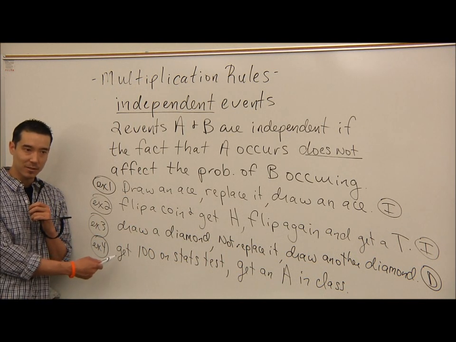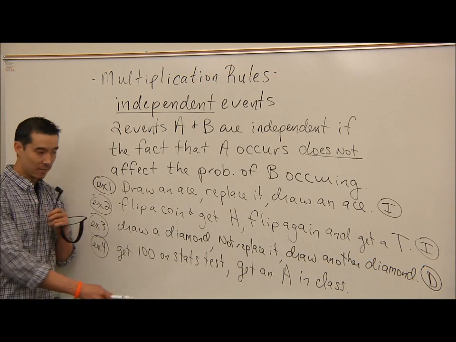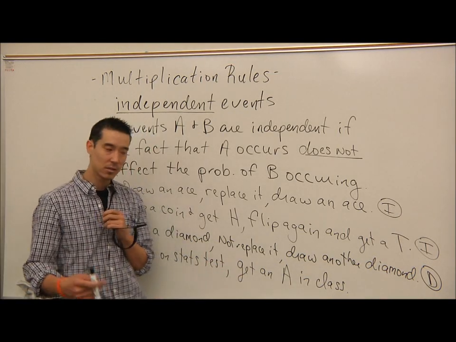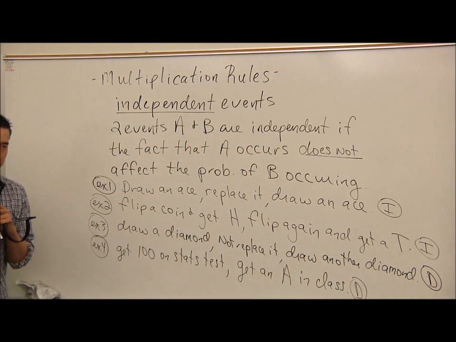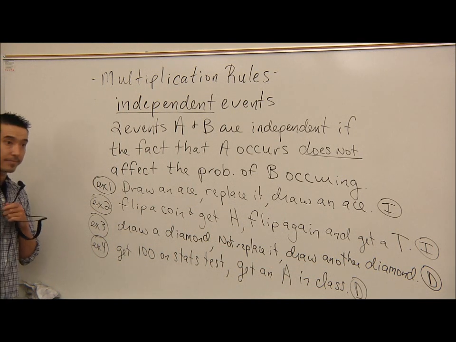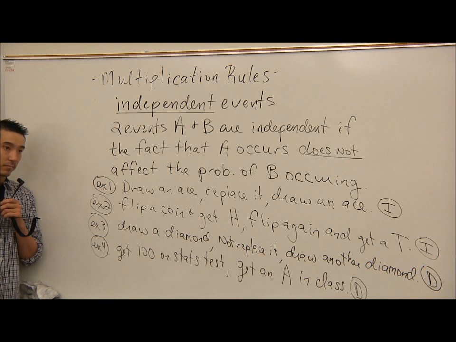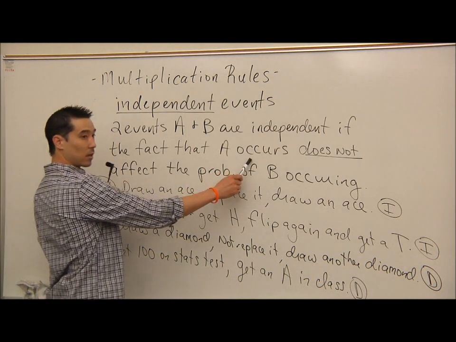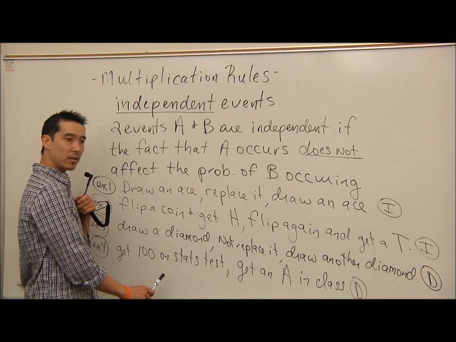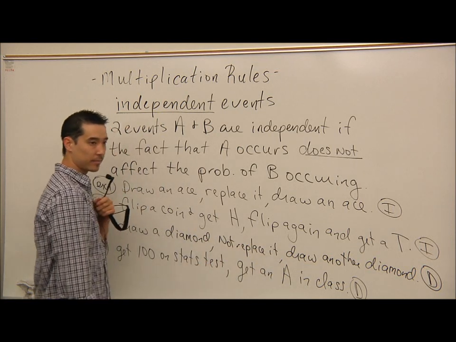You average your tests. So whatever you get on your test is going to affect the probability of you getting an A in the class. So these are definitely dependent. Everybody see that? Question? The fact that A occurs, so we're assuming that you did get 100. Does that affect the probability of you getting an A? Yes. Okay.